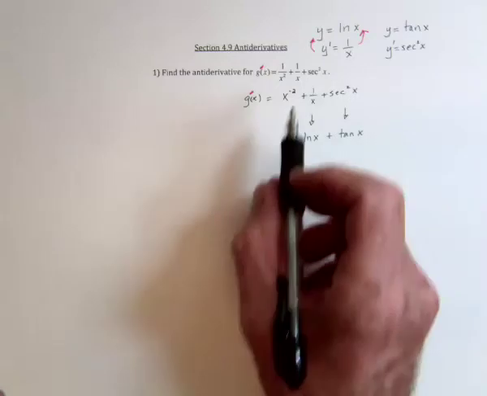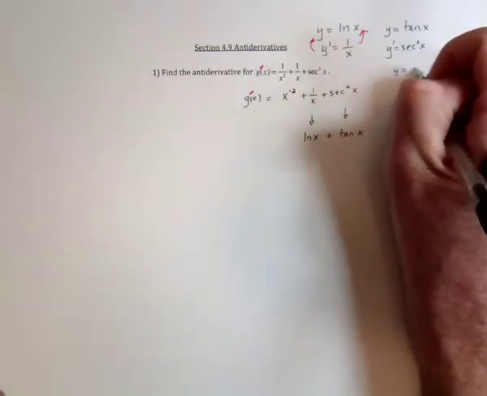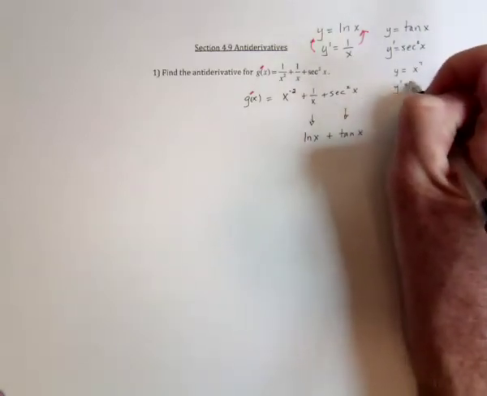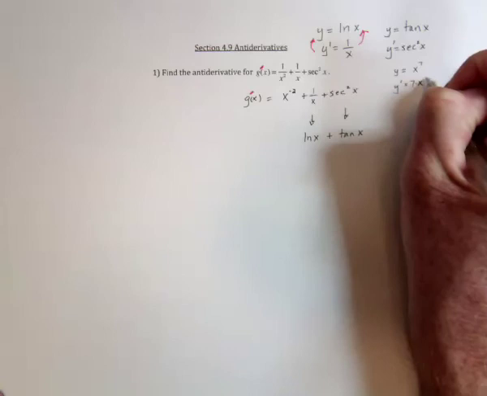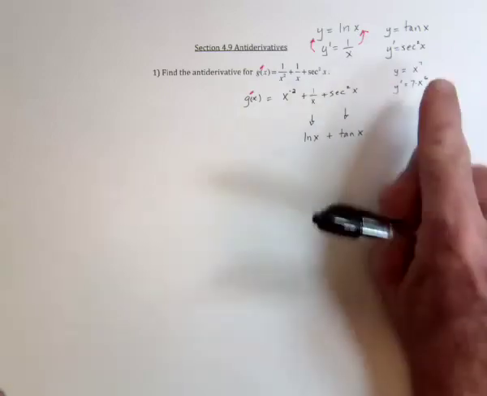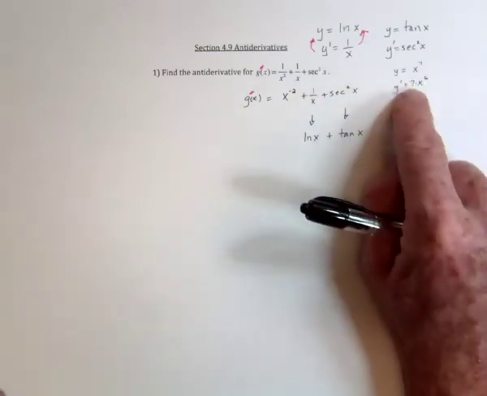And then for this one, well, when we have things like the function is equal to x to the 7th, then to take the derivative, you multiply by the 7 and then subtract 1 from the exponent. Well, to go backwards, you do the opposite. Instead of subtract 1, you add 1. And instead of multiply, you divide.